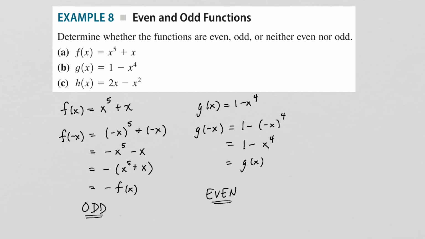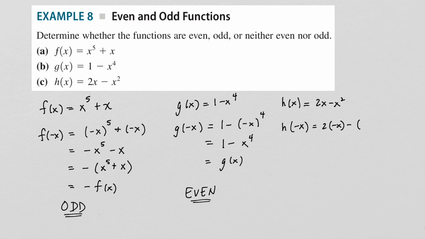And finally, for h of x, to see whether it is even or odd or neither, we are once again going to do the same thing. We're going to plug negative x in for x. This is going to give us 2 times negative x minus negative x quantity squared. 2 times negative x is negative 2x. This negative here comes down, and negative x quantity squared is x squared.